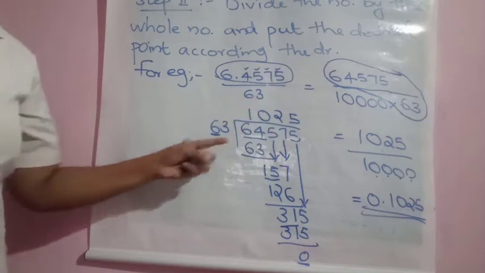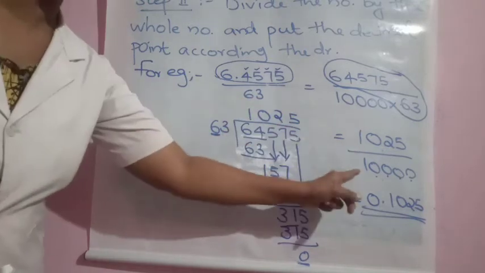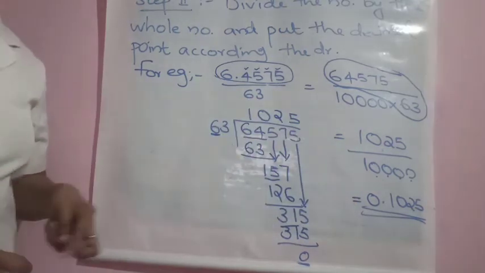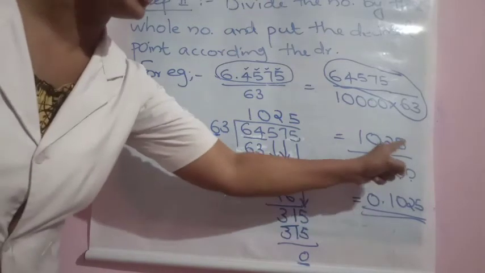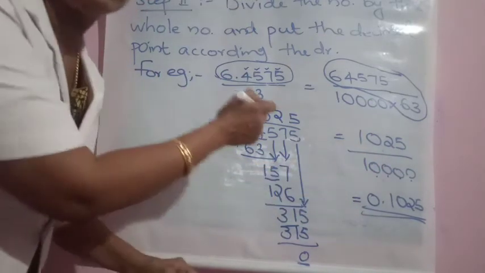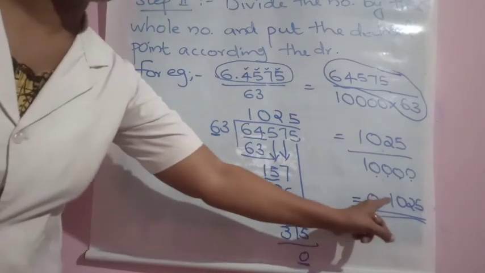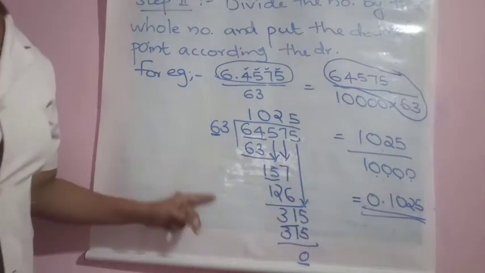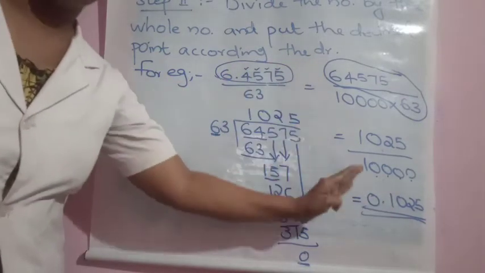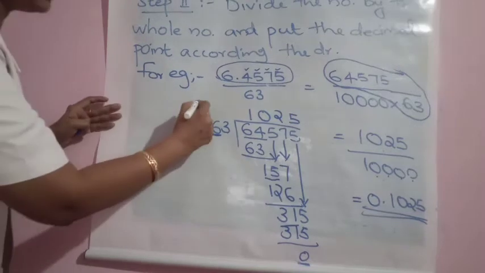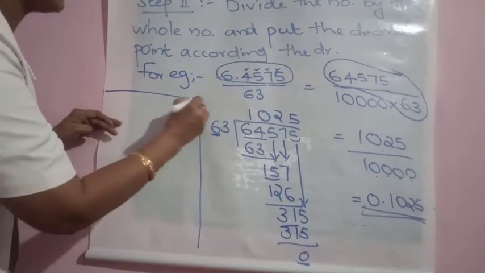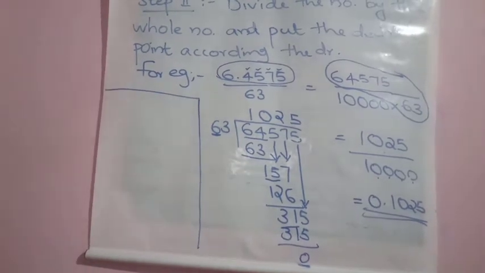Now let us apply our case 1. 1025 by 10,000 can be written as, how many are there? 1, 2, 3, 4 decimal places. That is 0.1025. This is one of the methods given in your textbook. And the second method is called the direct method, which the teacher will explain now.